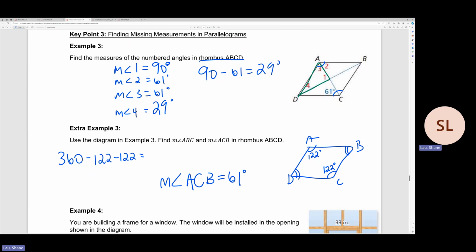If I do some quick math, that's 244, so 360 minus 244, like so, which means I have 16 remaining after I get 60, and then I have 100 remaining after that. I'm going to have 116 degrees.